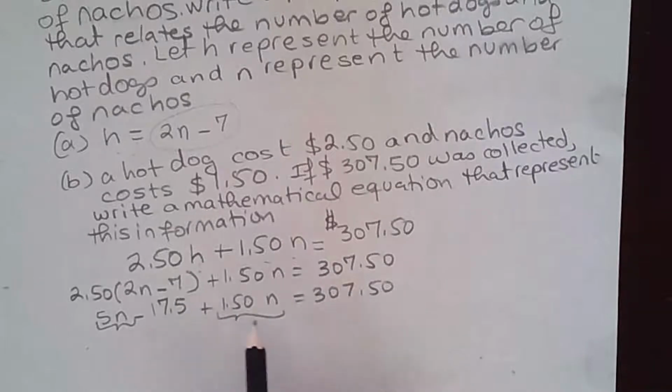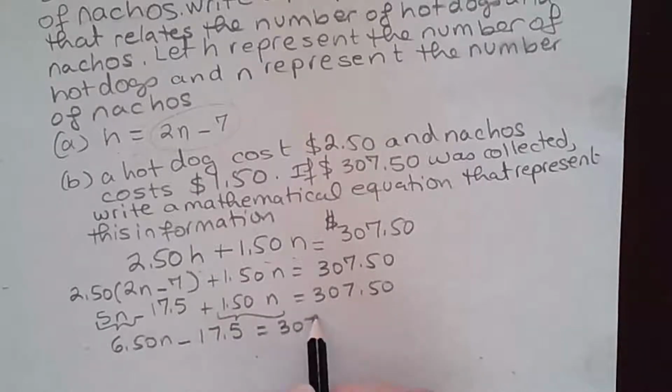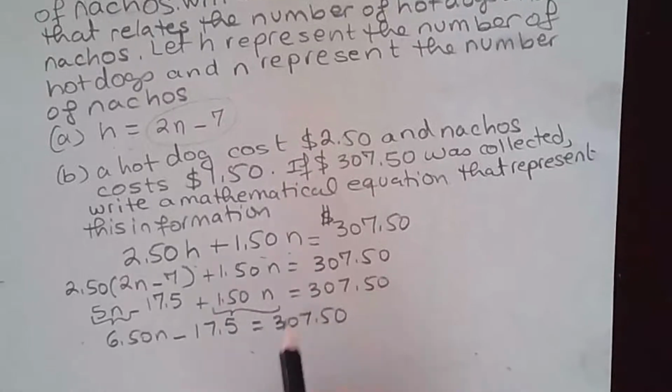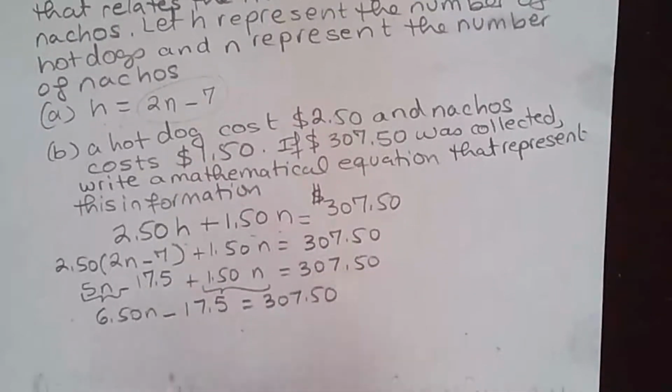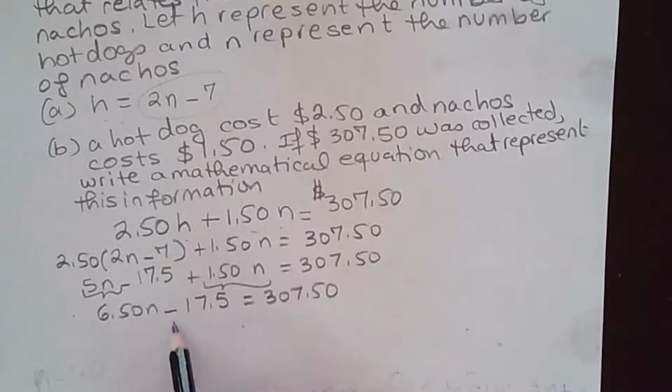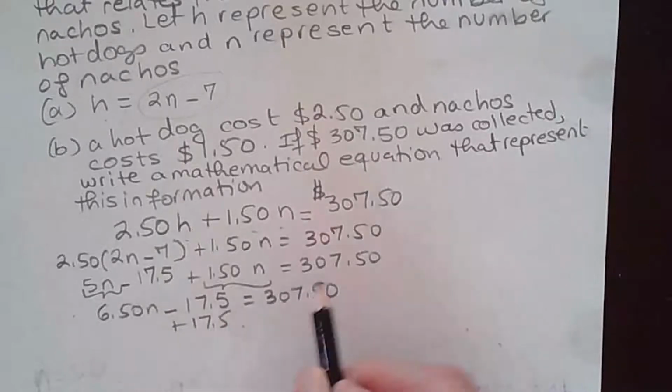5n plus 1.50 n, that's 6.50 n, minus 17.5 equal to 307.50. Now I need to add 17.50 on both sides.